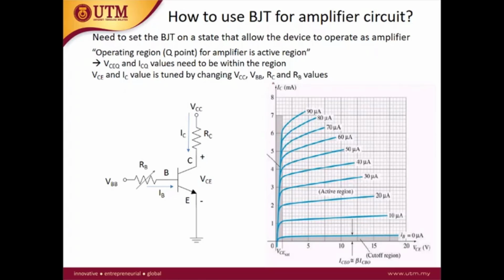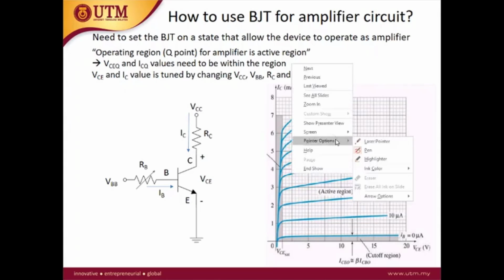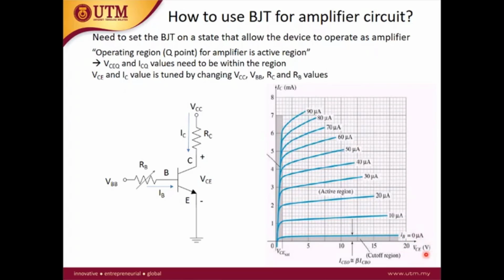As mentioned in the previous topic, based on the output characteristic of the BJT, shown as the plot of collector current IC against the collector-emitter voltage VCE, we can identify three main operating regions.